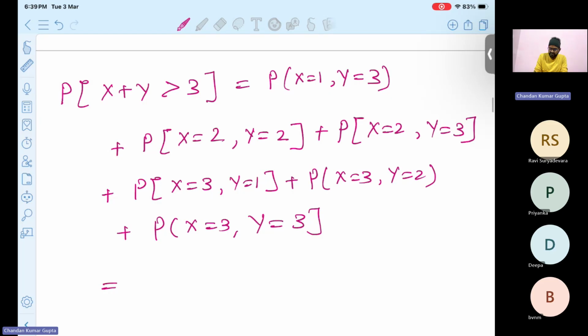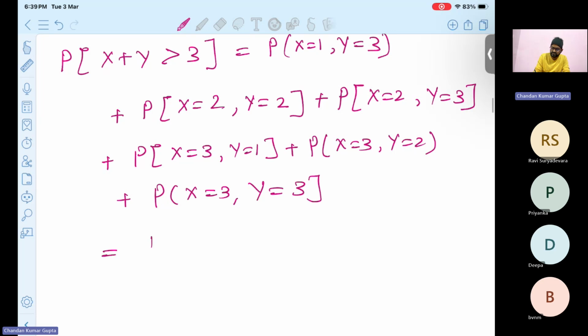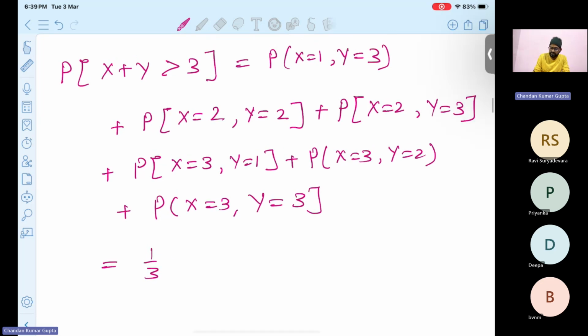Okay, so let me write x equal to 1, y equal to 3. So x equal to 1, y equal to 3 has probability 1 by 3 actually. Plus x equal to 2, y equal to 2 has probability 0, plus x equal to 2, y equal to 3 is 1 by 8, plus 3, 1 has probability 1 by 8, plus 3, 2 has probability 0, plus 3, 3 has probability 0.